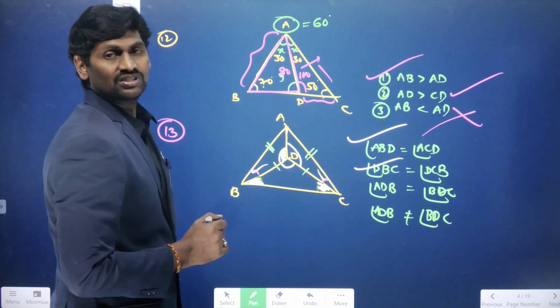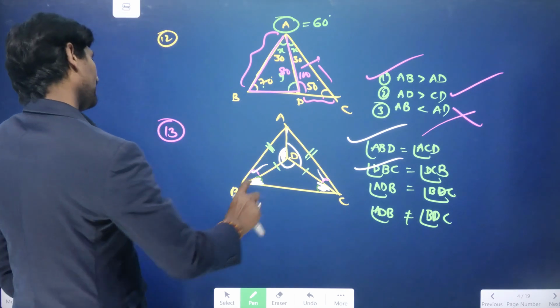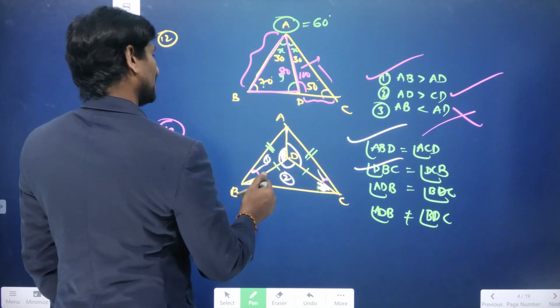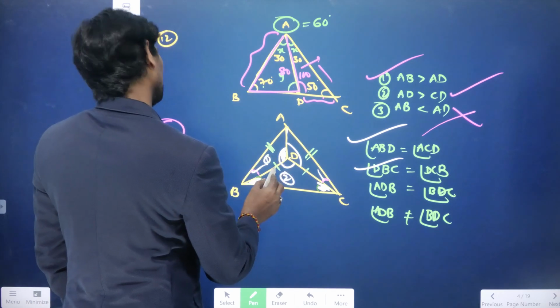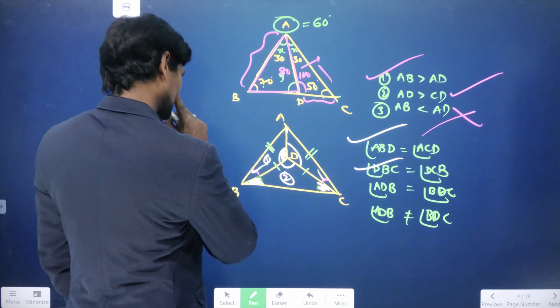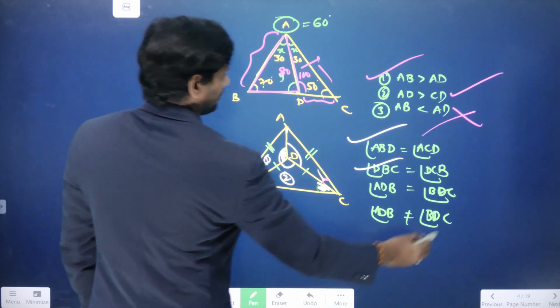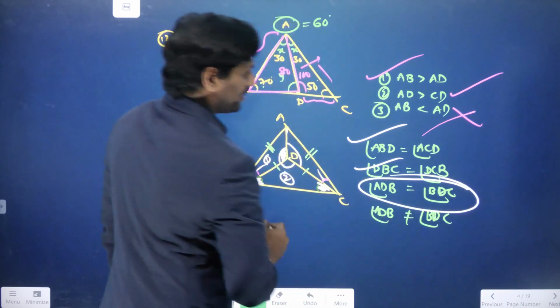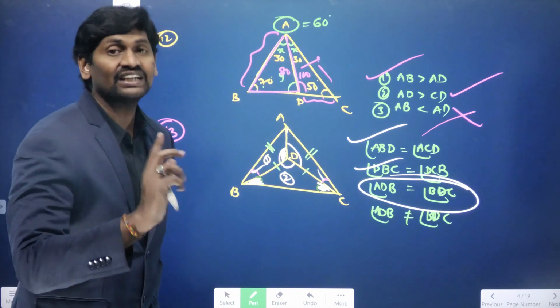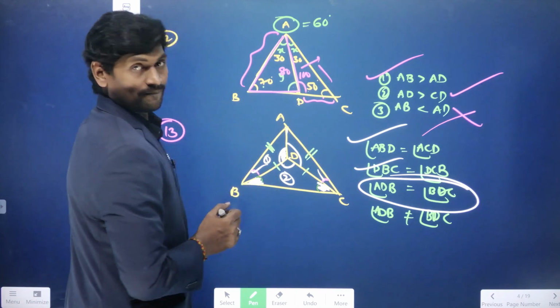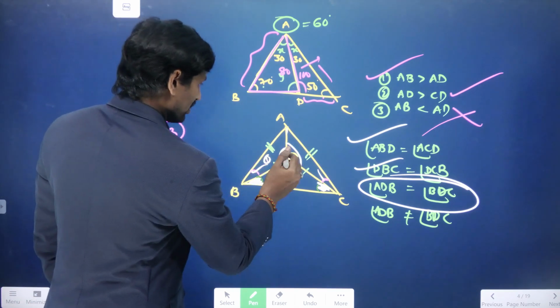Both seem equal. To prove that, we need to take these two triangles, 1 and 2. This is a common side and these two are equal. Last, ADB not equal to BDC is the only incorrect option, because we cannot say these two angles are equal. If you want, you can take these two angles to be equal.